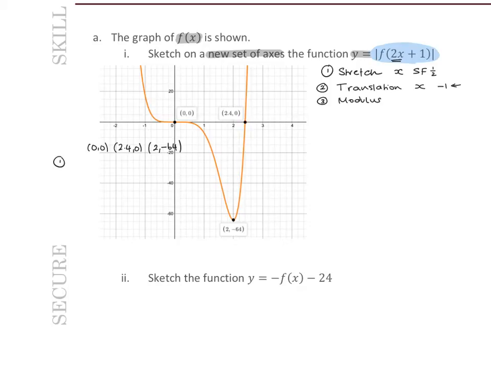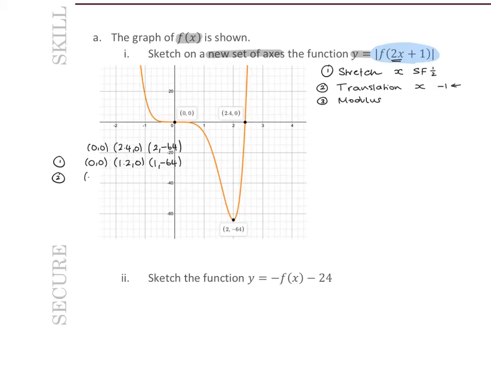changes the x coordinates, scale factor half. So this one doesn't change. This one gets halved. And this one gets halved. But it's only the x coordinates. Then we have x minus 1.